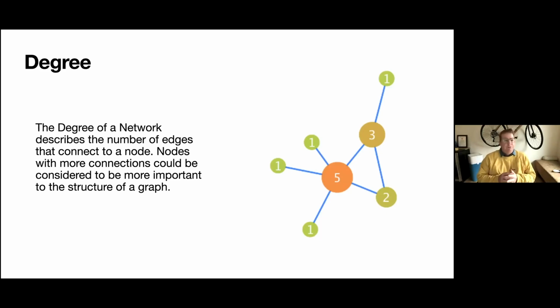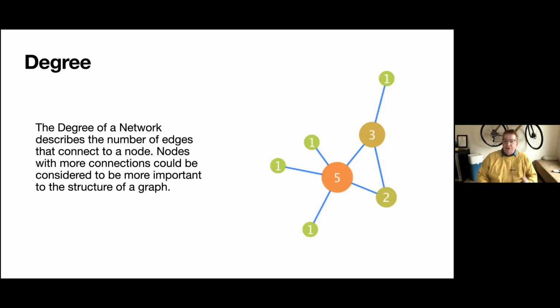One of them is the degree of a network, and it describes the number of edges that connect to a node. Nodes with more connections could be considered to be more important in the structure of a graph. So in this example, you can see that node 5 is larger and a different color and in the center as a way to highlight that.